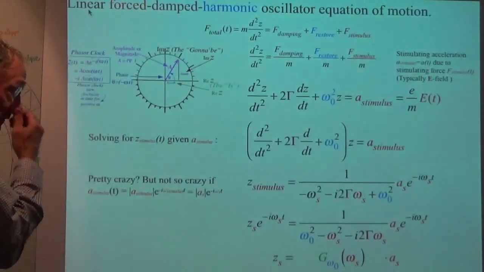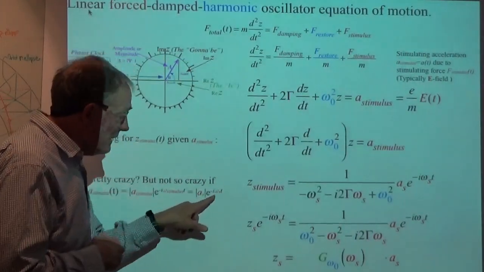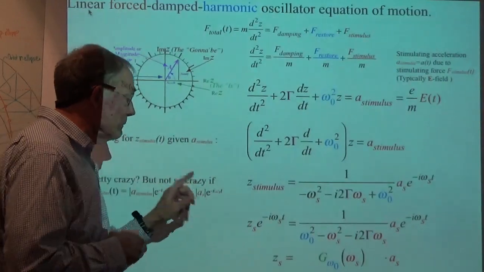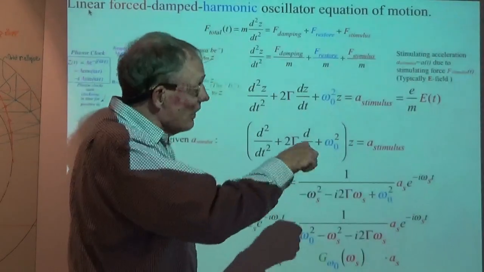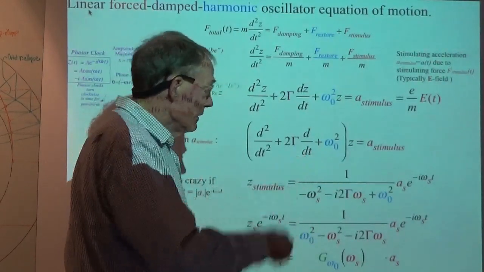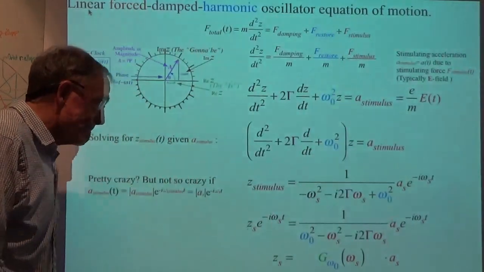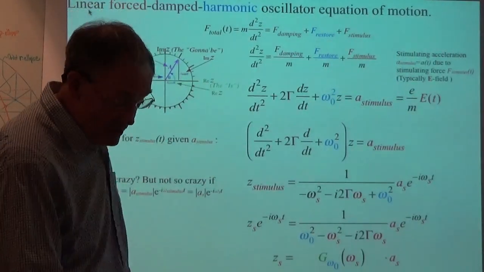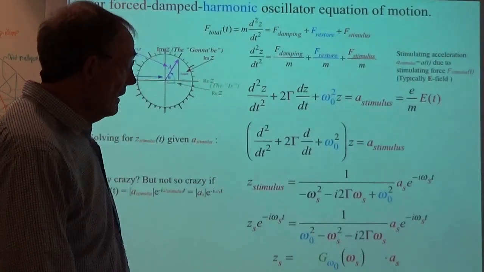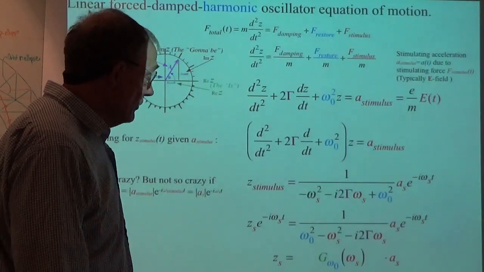So if I just have a monochromatic source, that's what this is, a stimulus, omega s, if I had a dye laser, I can literally tune this by turning a knob and try to resonate an atom that may or may not like that frequency, and we're going to make a discussion of what that means.